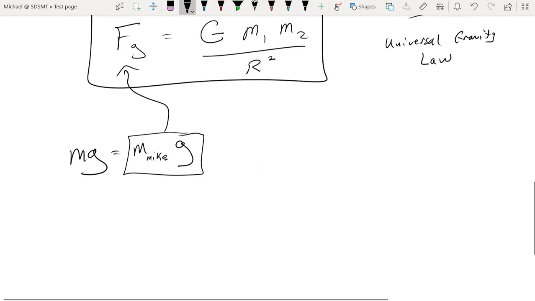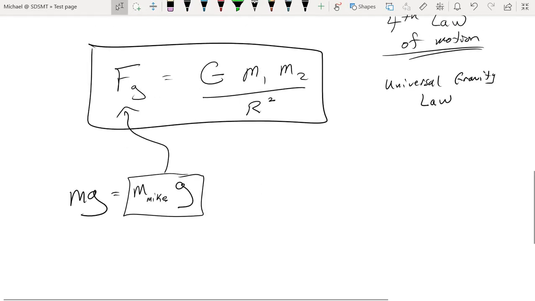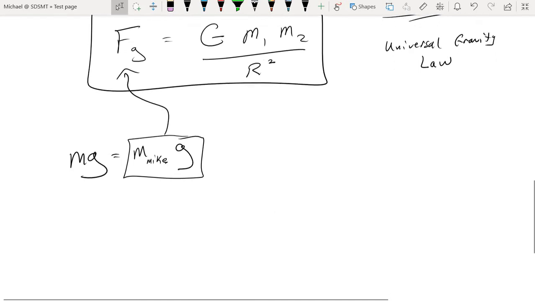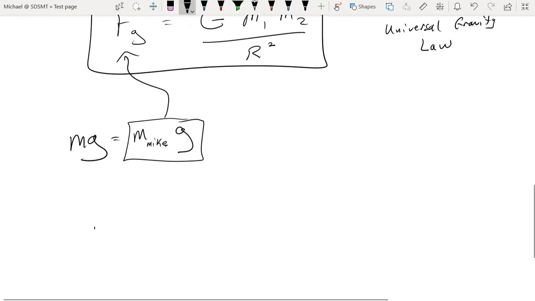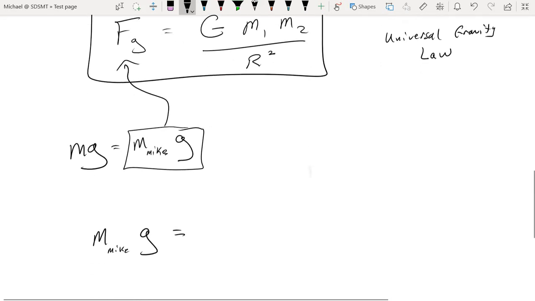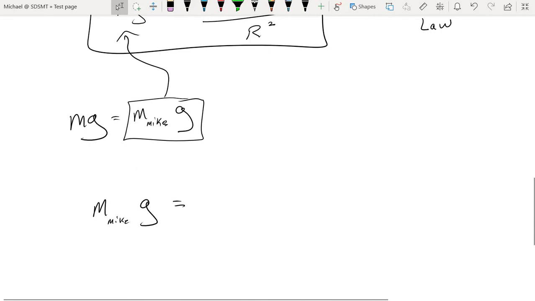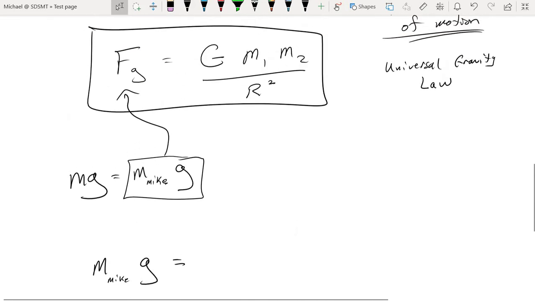And remember, weight is just a more common way of saying force of gravity. So I have my mass times gravity, and yeah, I could measure my mass, I could multiply it by gravity and get a number, but the purpose of this discussion is to make sure that this is working.